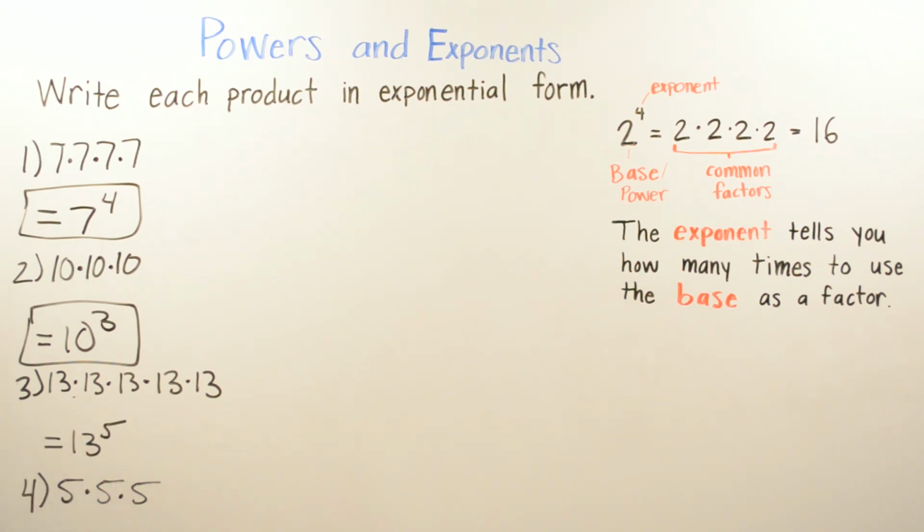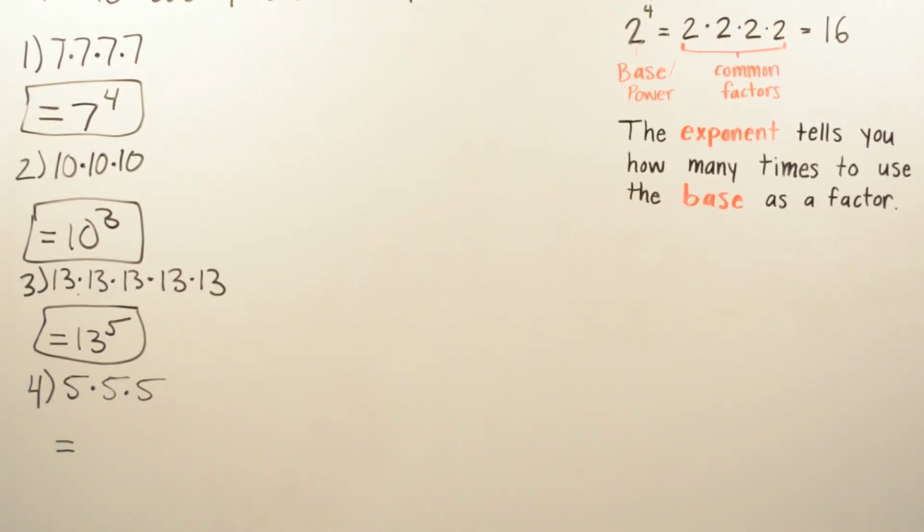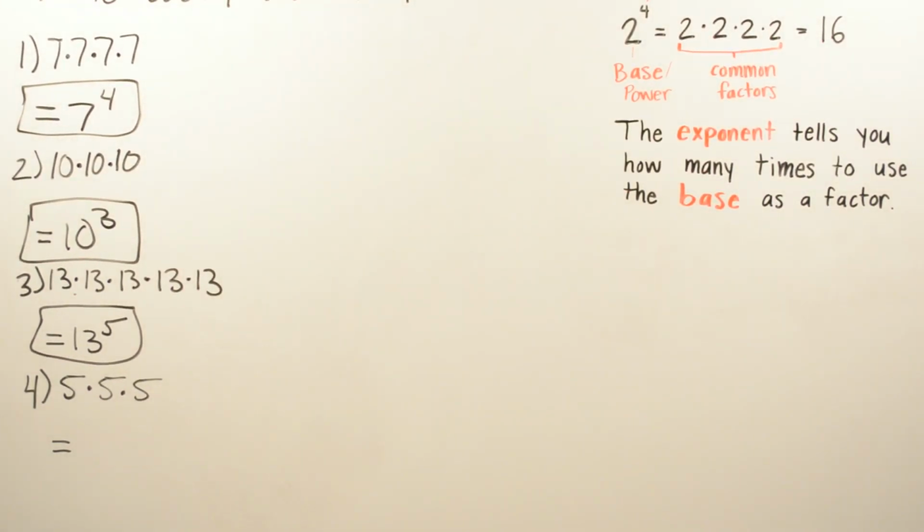So 5 is going to be our exponent. So it'll be 13 to the 5th power. Then for the last example, 5 is going to be our base. And then we need to count how many times the 5 repeats itself. 1, 2, 3. So our exponent is going to be 3. So it's going to be 5 to the 3rd power.